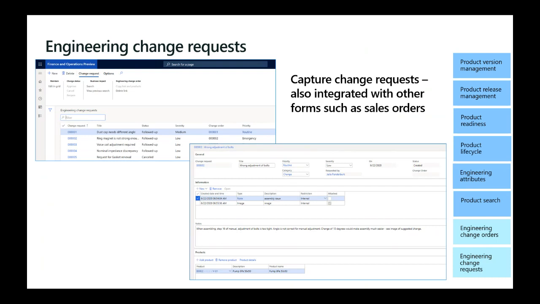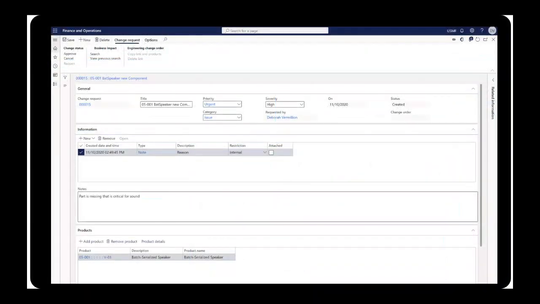This is totally integrated and can be triggered from many places in the application: sales orders, purchase orders. And as you see, you're able to provide information, documents, notes, images, and to which product version they relate to. Then these changes would look like this.